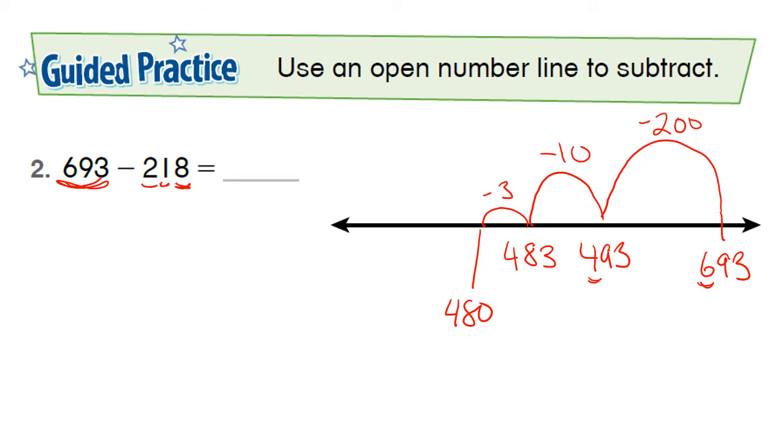And now I'm going to subtract the remainder, which is 5, because 5 plus 3 equals 8. So 480 minus 5 is 475. So 693 minus 218 is equal to 475. And that's it.